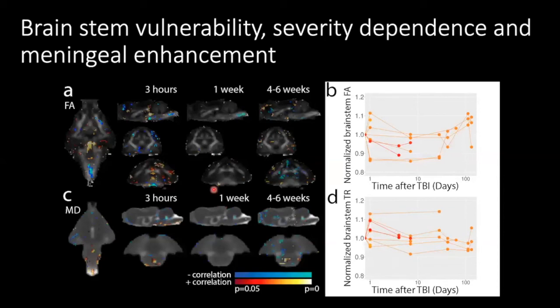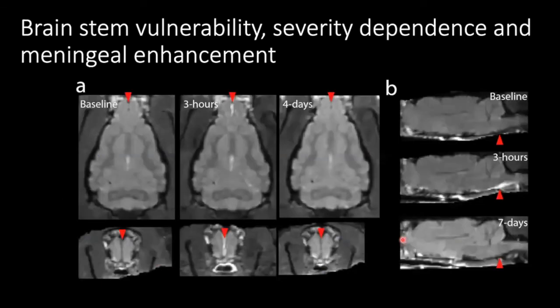And then we did look at diffusion, and there were some modest initial decreases in fractional anisotropy and modest initial increases in diffusivity that resolve quicker than the FA changes. I think the more interesting thing, though, was on a conventional scan where we injected gadolinium contrast, and we looked at T2 FLAIR and also T1 weighted images.